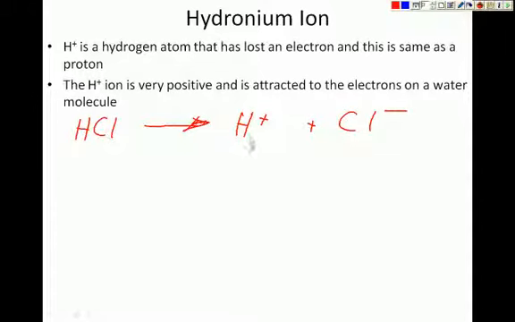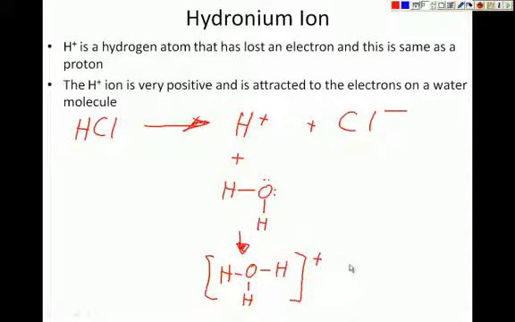Now, this whole thing is happening in water, and this H plus combines with water, and that makes our hydronium ion or our hydrated proton, or in other words, our H3O plus, and that's how we get a hydronium ion.